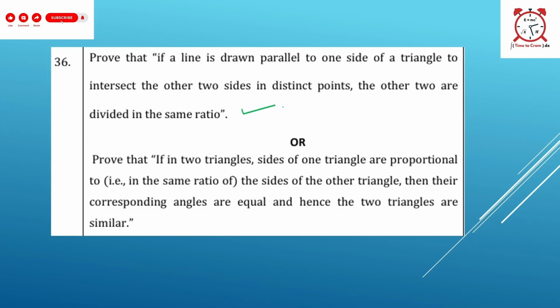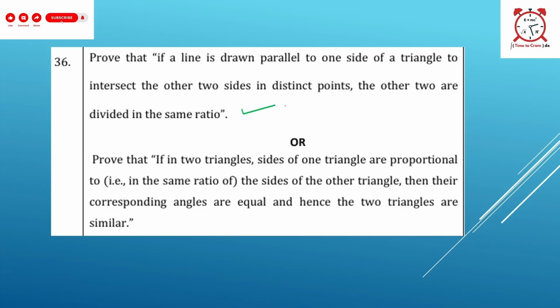We know that this is the Thales theorem, and we had already proved this theorem in model question paper 1. So I request all of you to go through the channel and watch the videos of model question paper 1 again.